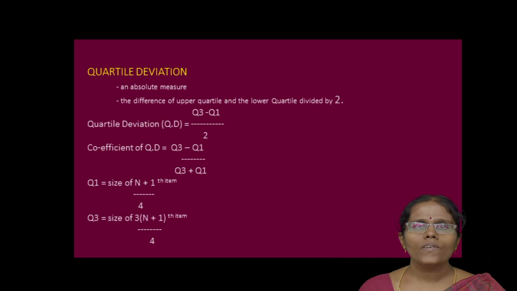Next, the quartile deviation. First, we need to know the term quartile. Quartile means it divides the distribution into 4 equal parts.